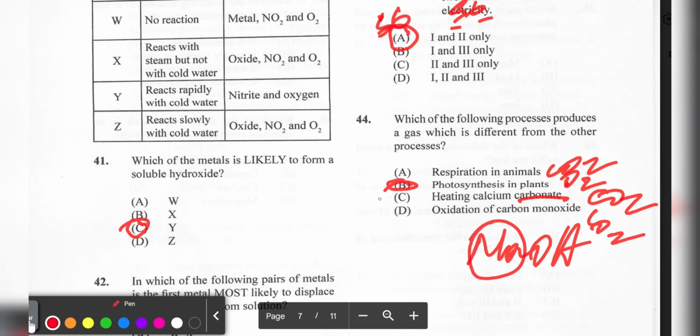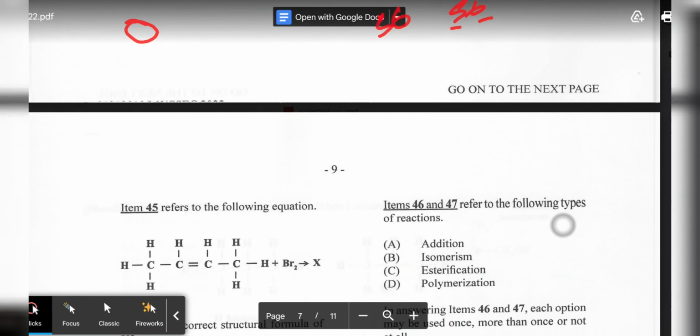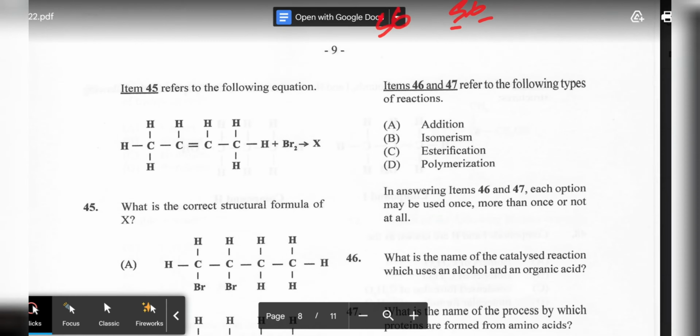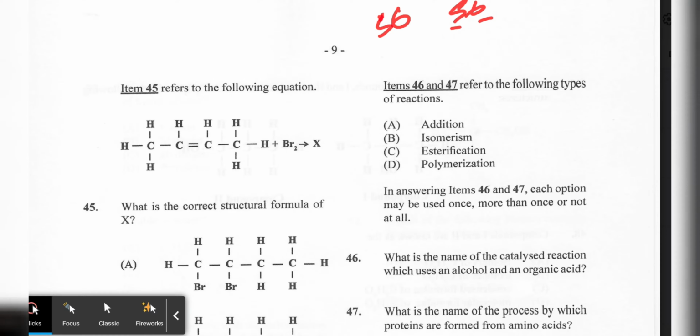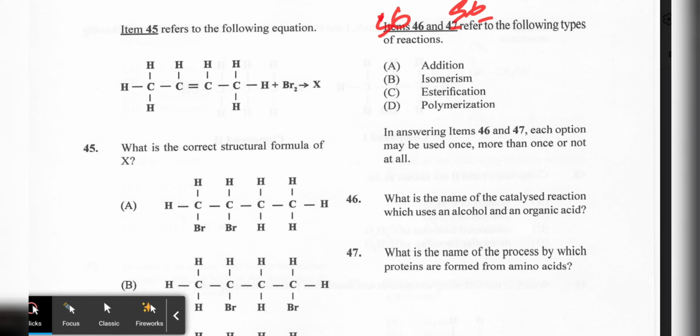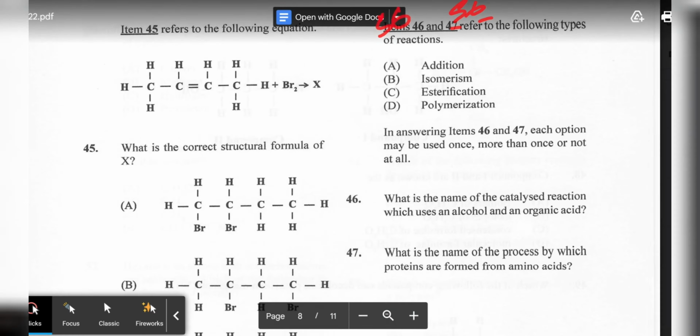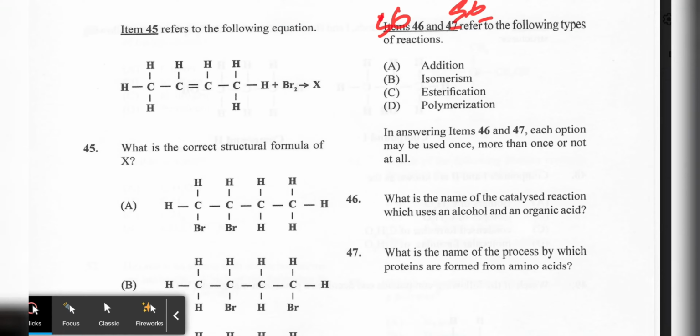Okay, so we go again to our next question, which is 45. Item 45 refers to the following equation. So what we have here is an alkene, and we're reacting that alkene with bromine to give X. What is the correct structural formula of X?